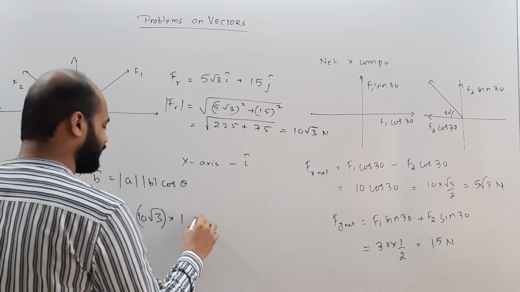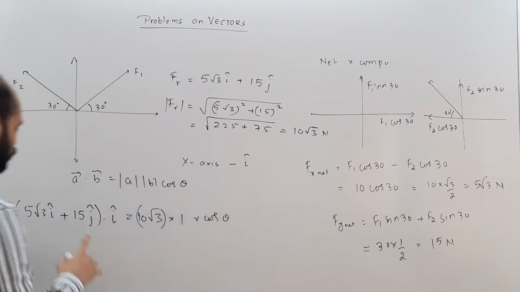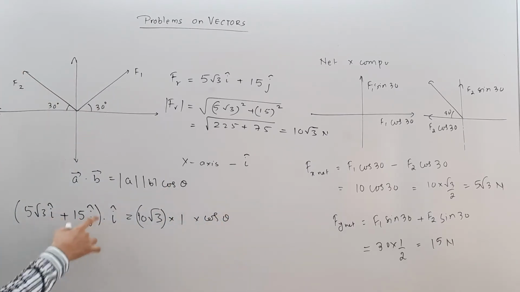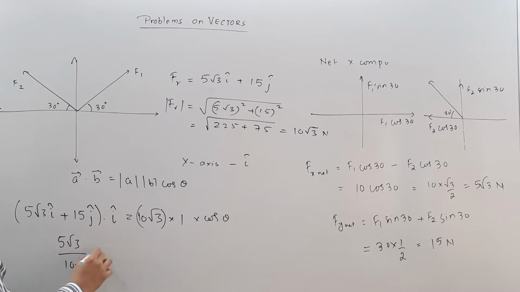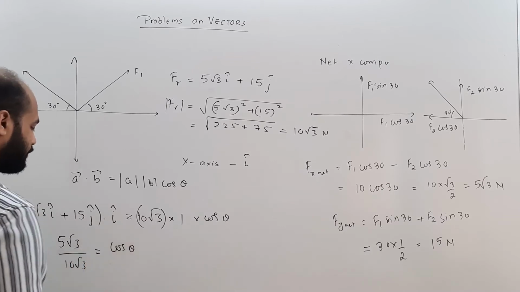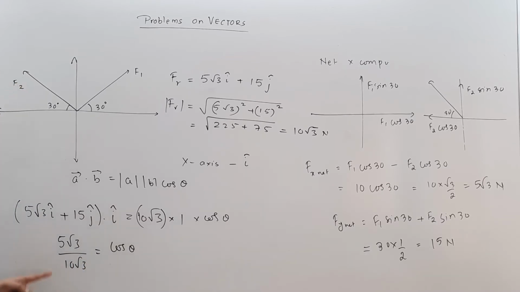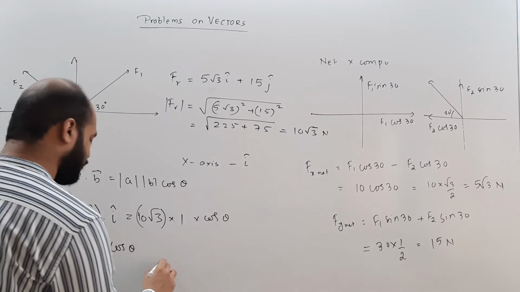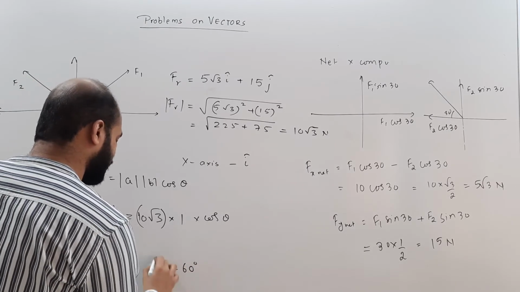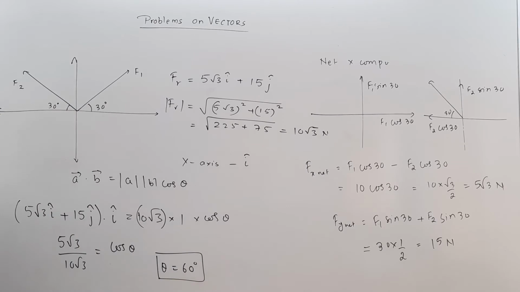Now we have to find cos theta. So it's going to be 5 root 3 into i, because j won't count, j dot i is anyway 0. So 5 root 3 by 10 root 3 would give us cos theta. So you can clearly see that this is half, which means that theta is going to be 60 degrees. So this vector makes an angle of 60 degrees with the x-axis.